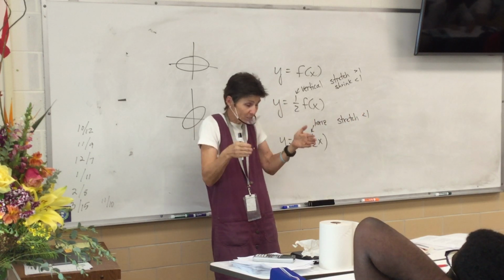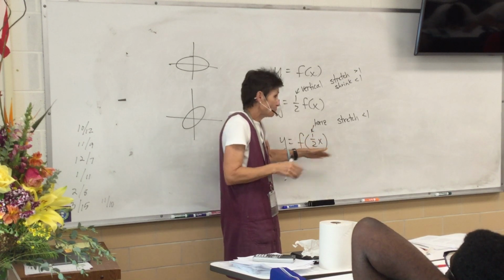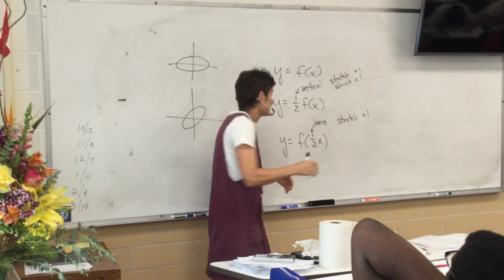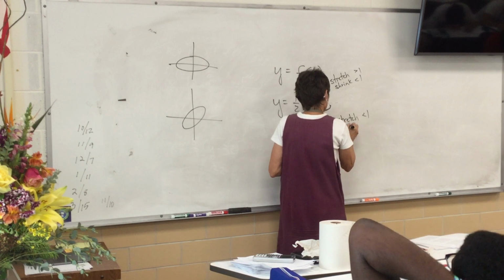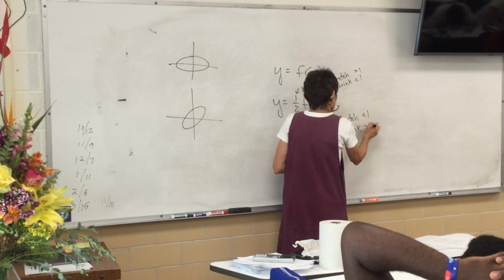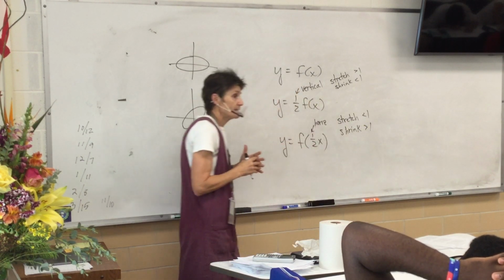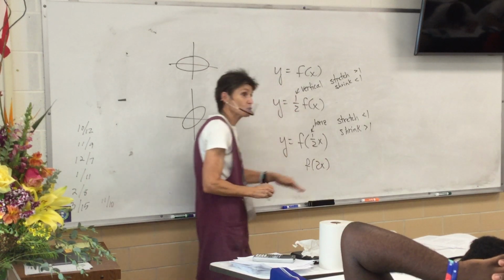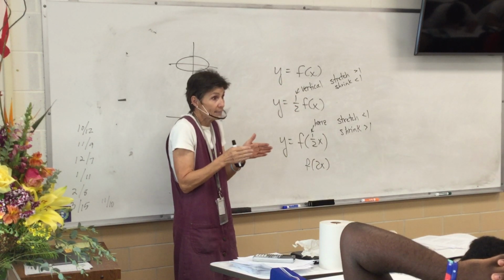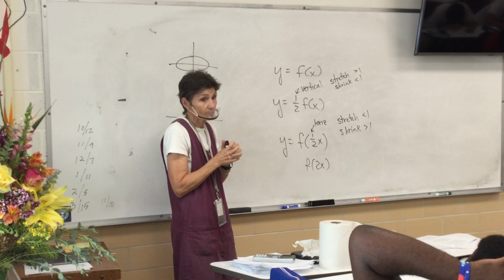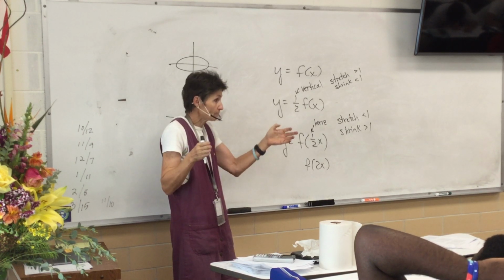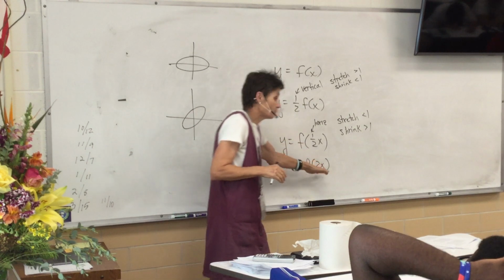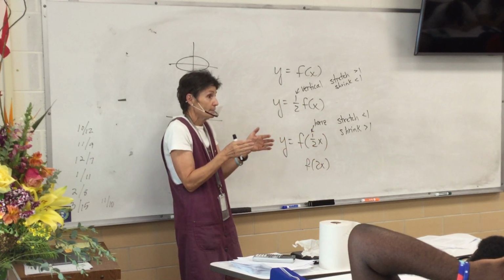If the number is bigger than 1, it's a shrink. So that would actually be half as wide as the original.